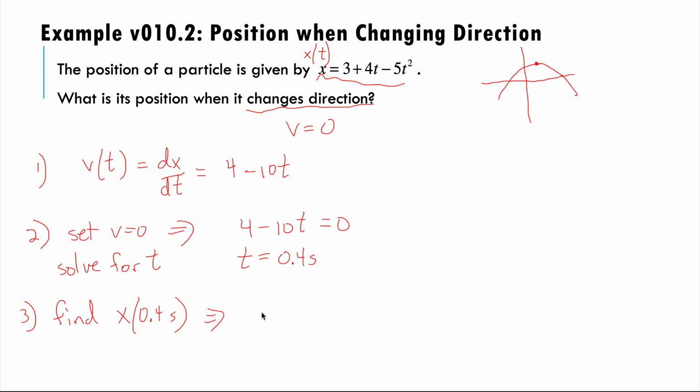So let's go ahead and plug that in. x at 0.4 seconds is going to be equal to 3 plus 4 times 0.4 minus 5 times 0.4 squared. Plug this in to the calculator and we will get 3.8 meters. So that is the answer to this question.